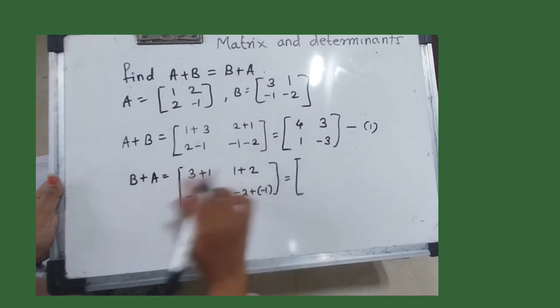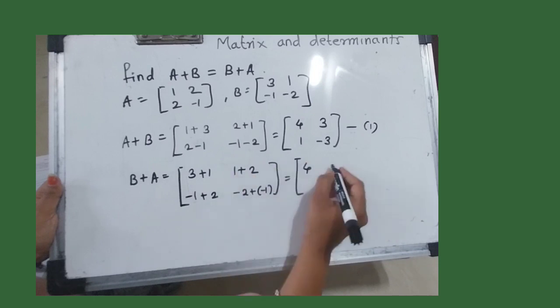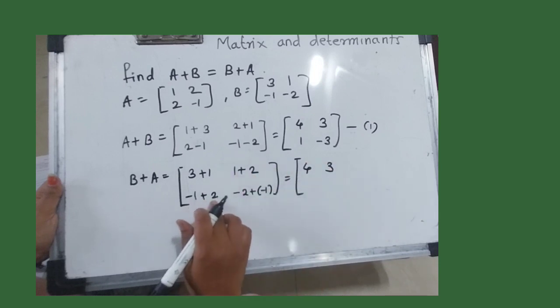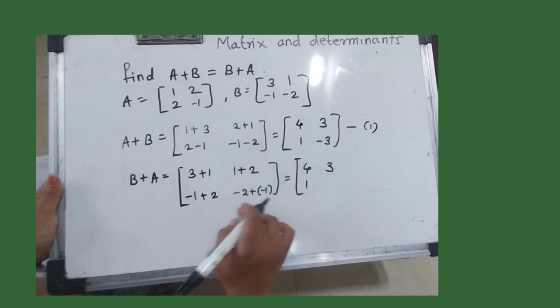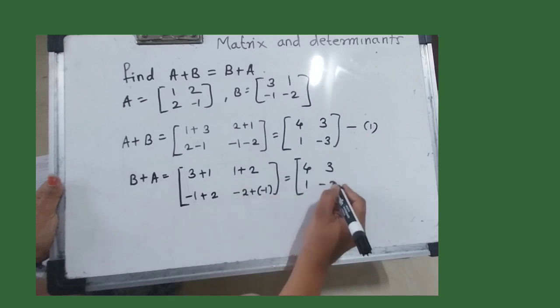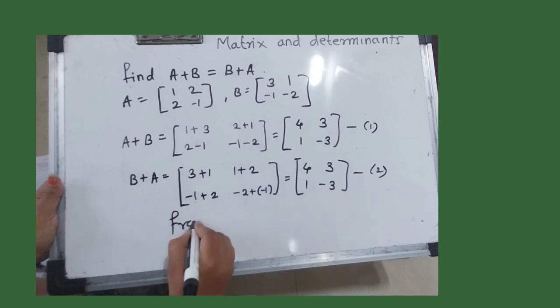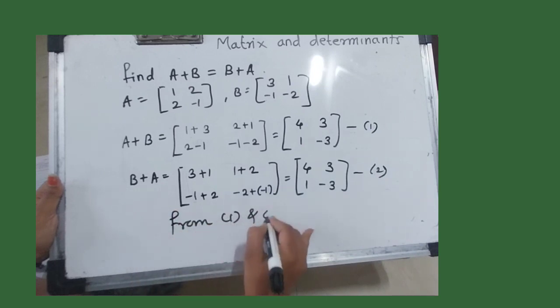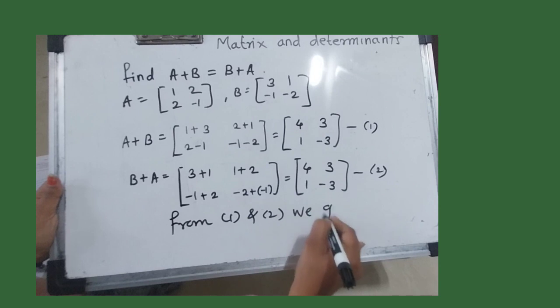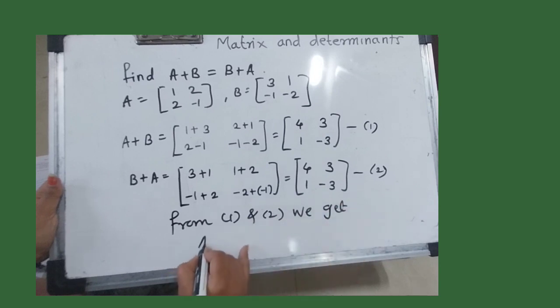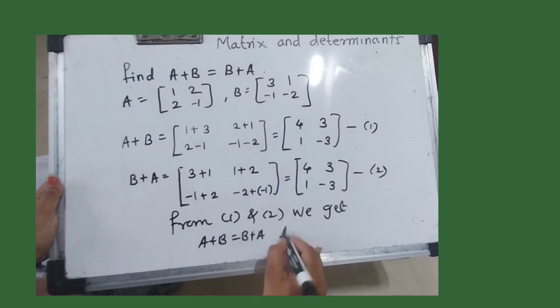So 3 plus 1 is 4, it is 3, here minus 1 plus 2 is 1, here minus 2 minus 1 is minus 3. So from equations 1 and 2 we get A plus B equal to B plus A. Hence proved.